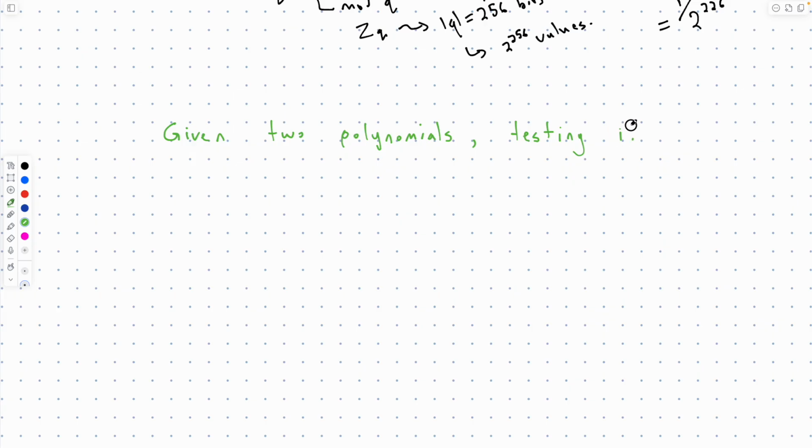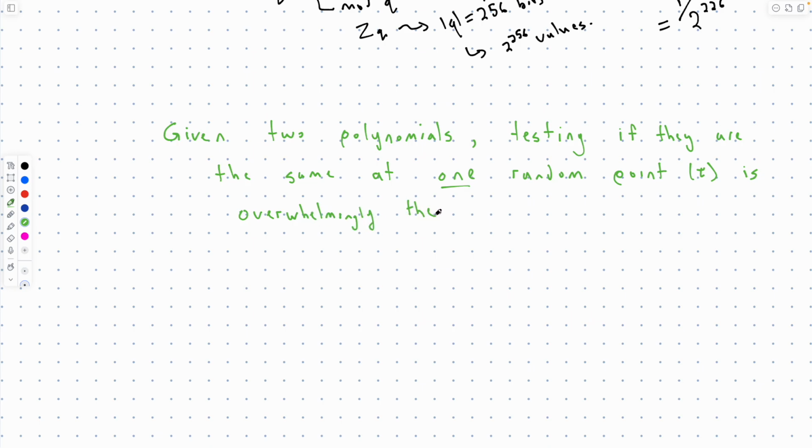Testing if they are the same at one random point is overwhelmingly the same as testing if they're the same polynomial.